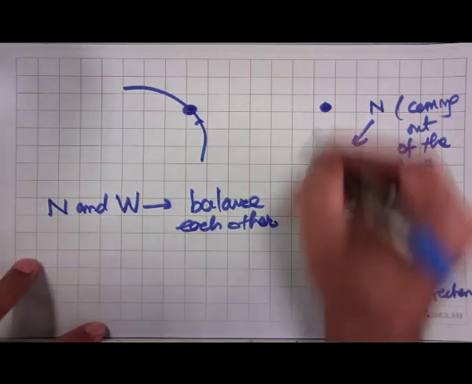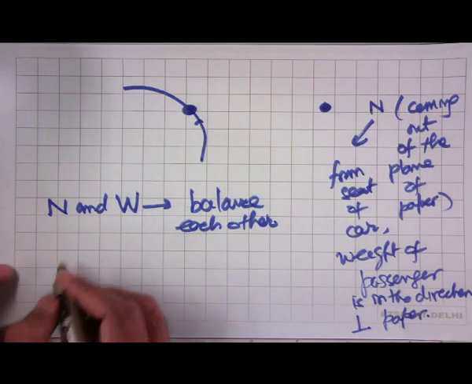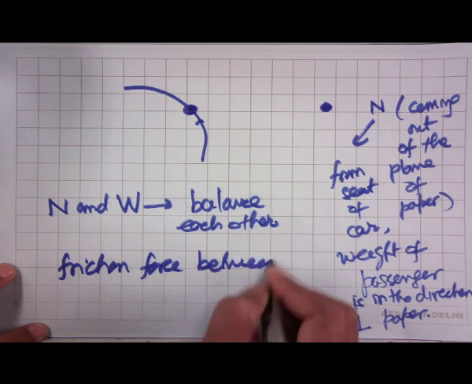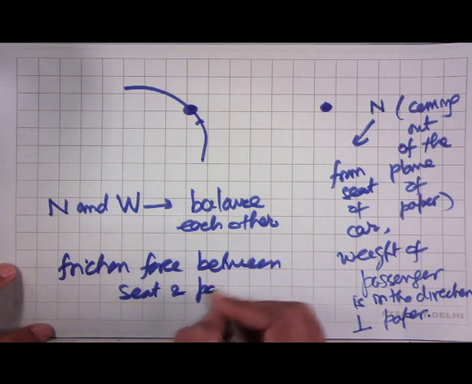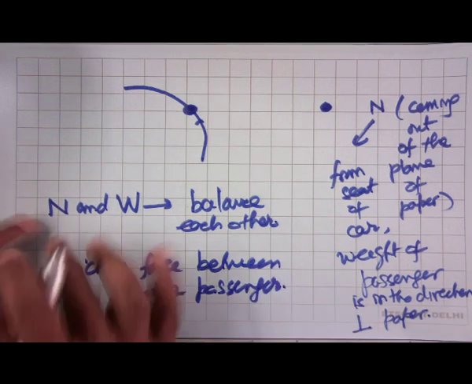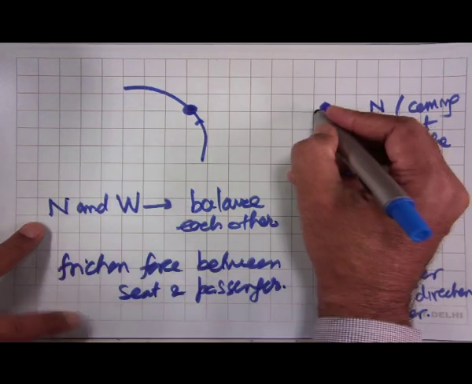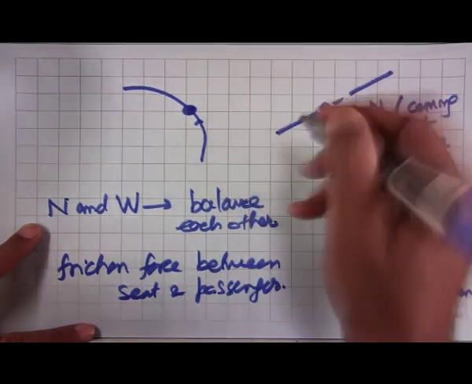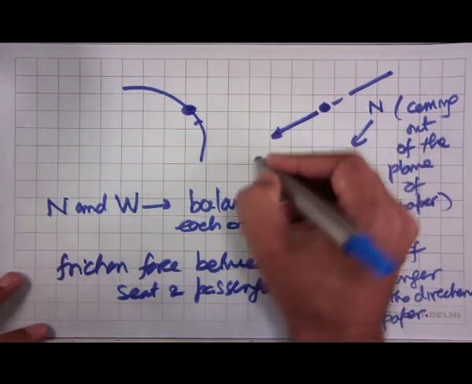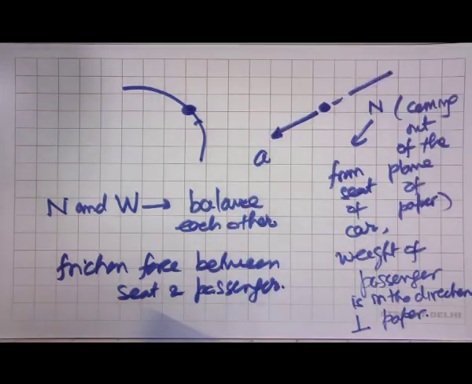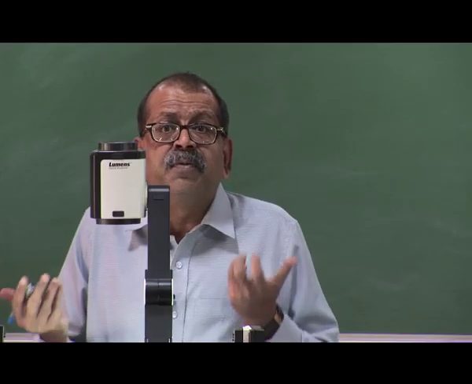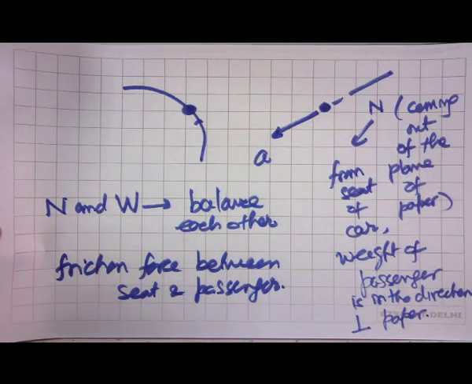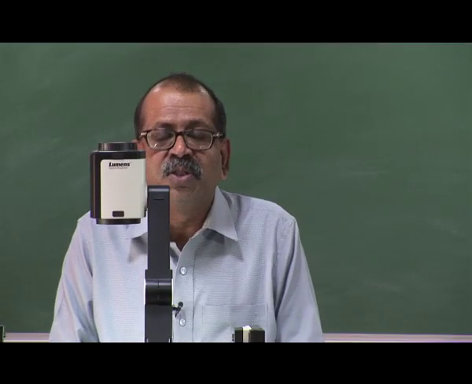Now, on this particle, what we also find is that there should be a friction force between the seat and the passenger. This friction force is perpendicular to n, and in this case the acceleration, what we find is toward the center, and this has to be provided by the friction force alone. There is a friction force which is acting on the passenger, and that is what causes this acceleration.